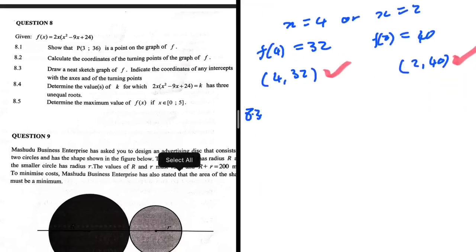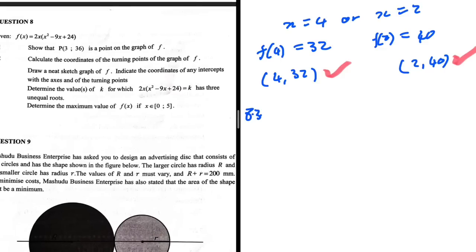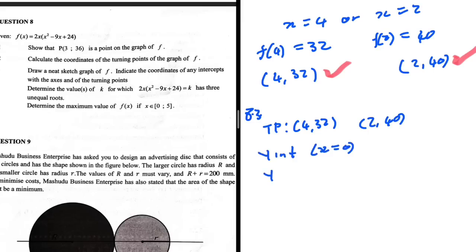8.3, draw a neat sketch graph of f, indicating the coordinates of any intercepts with the axes and of the turning points. Okay, so let's gather our information. Turning points: 4, 32 and 2, 40. Let's find our y-intercept where we let x be equal to 0.